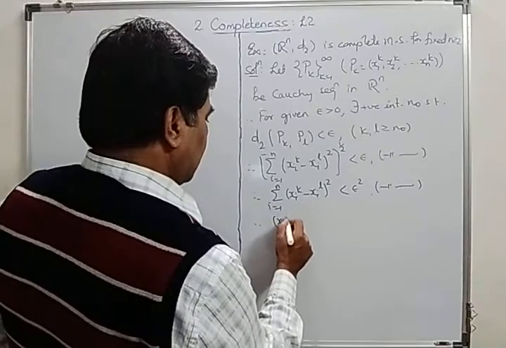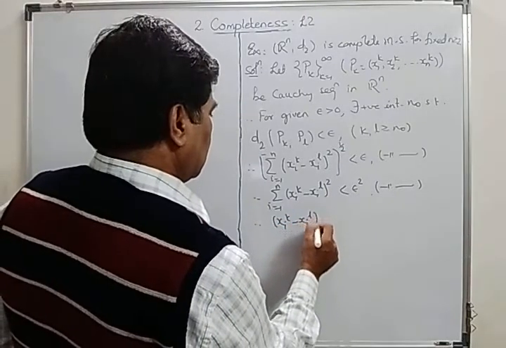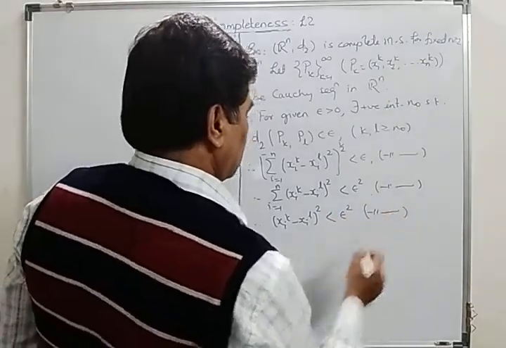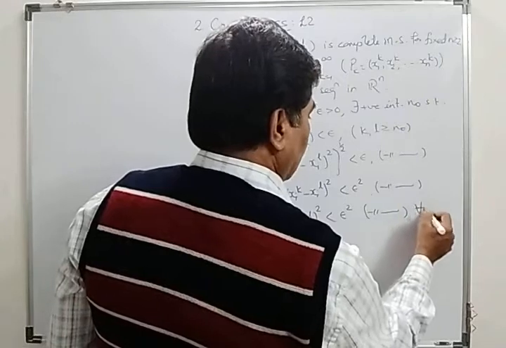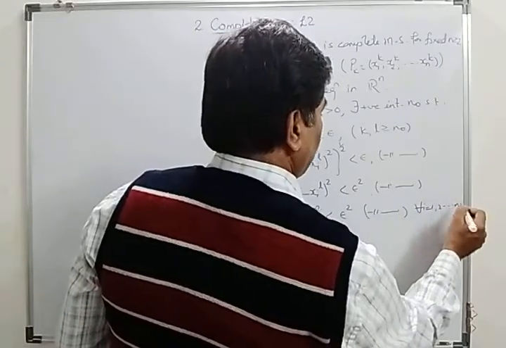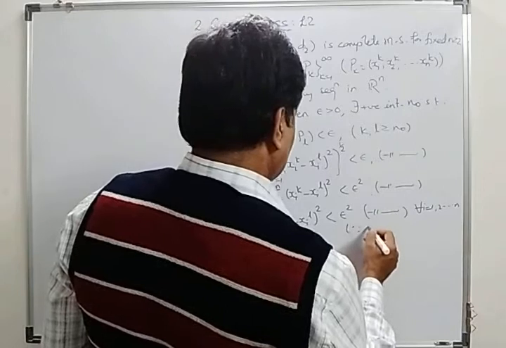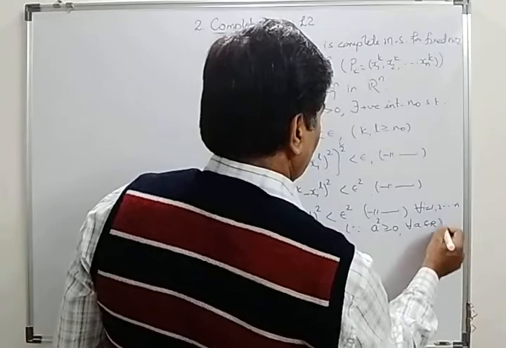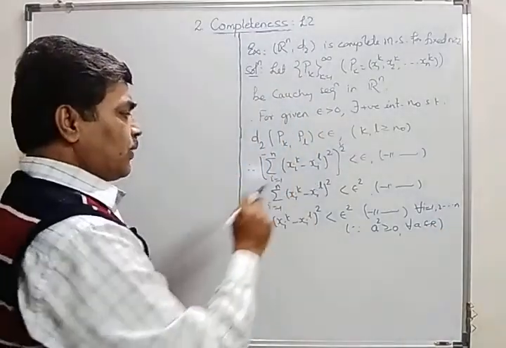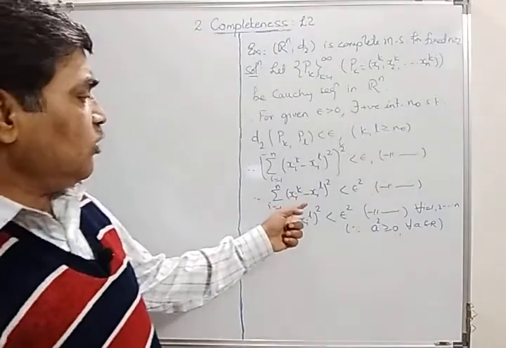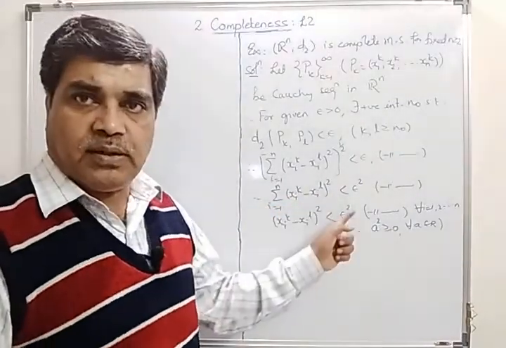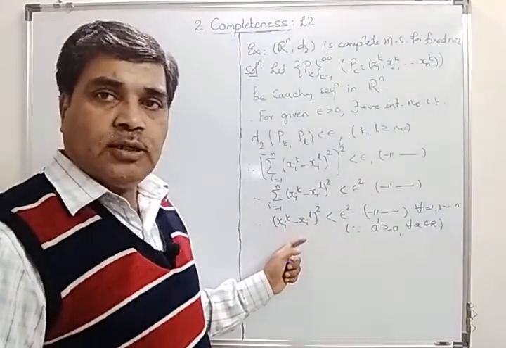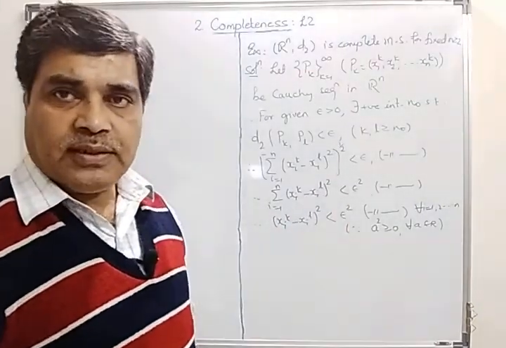Therefore, (xik minus xil) squared is also less than epsilon square for every i equal to 1 up to n, since a square is greater equal to 0 for every a belongs to R. So this is a sum of non-negative terms, and their sum is less than some number, which means every term in that sum must be less than that right hand side.